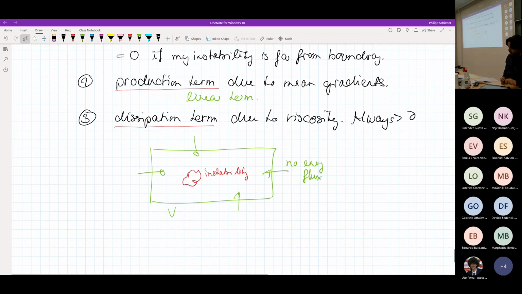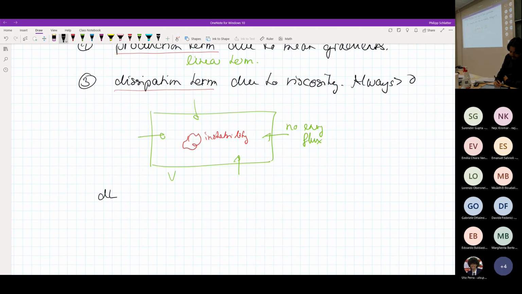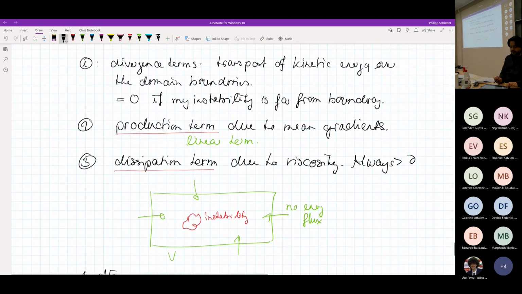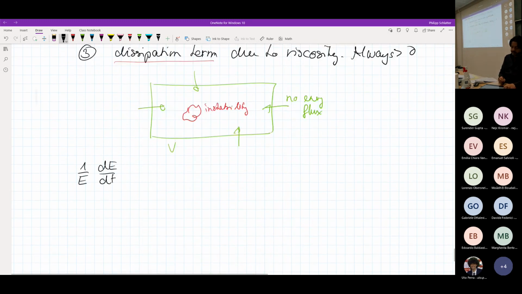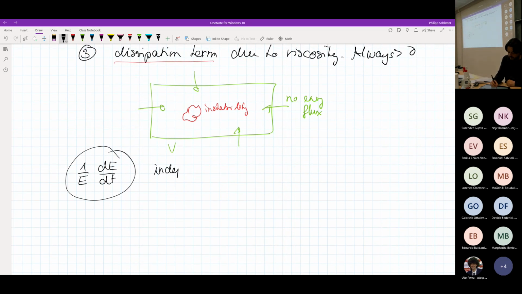Now, why did I say that these are linear terms? Well, it actually says that dE over dt, the total energy, if this is now normalized with the energy itself, then it actually turns out that this one, because I got rid of all the weird terms, in particular the nonlinear term, which is actually 3 times primed variables, if I divide that with the energy, it turns out that this term becomes independent of the scaling of ui prime.